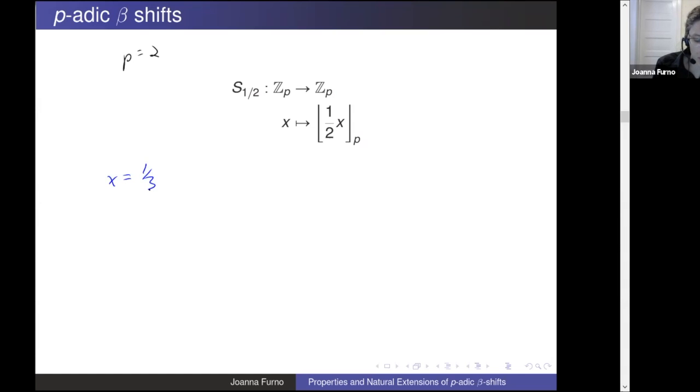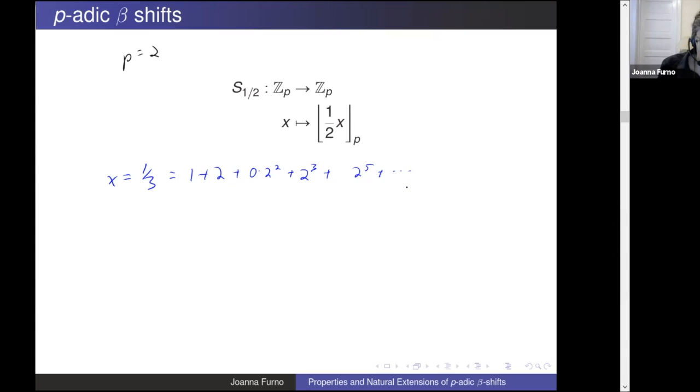Well, if we're going to work with this in the p-adic case, we probably would like to know what it looks like as a p-adic integer. So it looks like 1 plus 2 plus 0 times 2 squared plus 1 times 2 cubed, no 2 to the 4th, 2 to the 5th, and so on. So after this initial 1, you get the 1, 0, 1, 0, 1, 0 periodic.